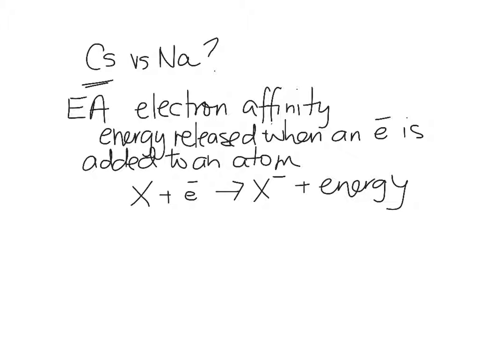Except the problem with this is some elements you actually have to put energy in order to make the atom accept an electron. Like a metal. A metal doesn't want to take one. If you push it in with enough energy, it'll take it, but it won't stay. So typically the elements that have high electron affinity are the nonmetals.